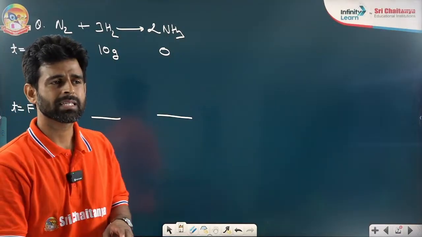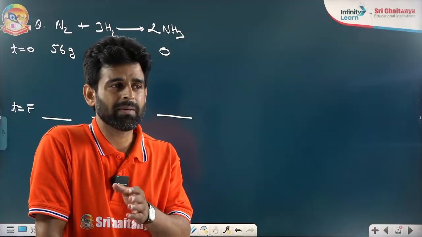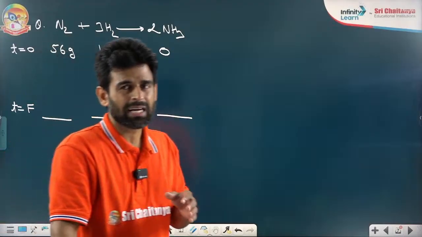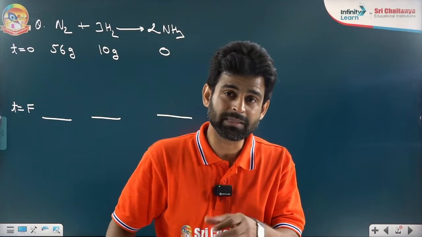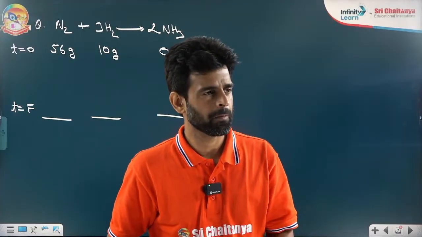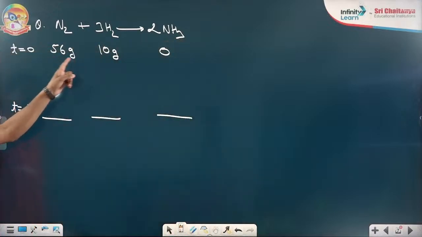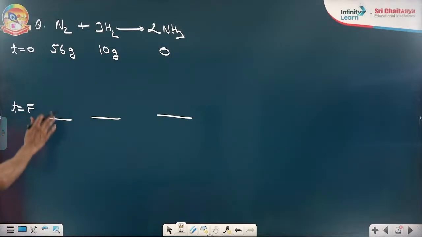If they give you weight, sometimes we can solve the question directly in weight also, but it is better to find the moles. First find the moles, then decide who is the limiting reactant, similar to the last question we did, right? First of all, find the moles. Are they giving us the mole or weight? Sorry, they give us weight.